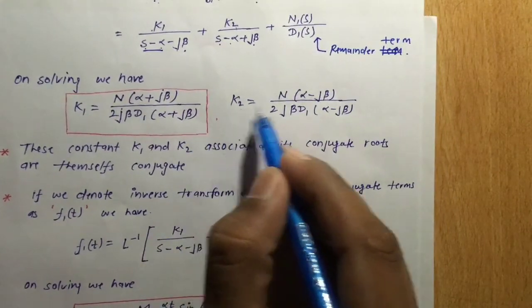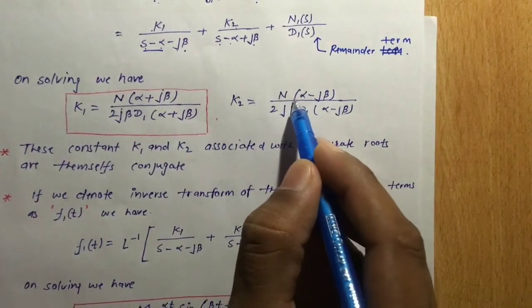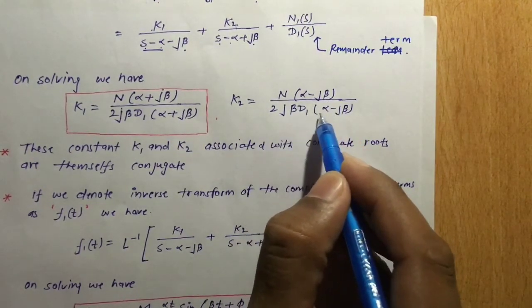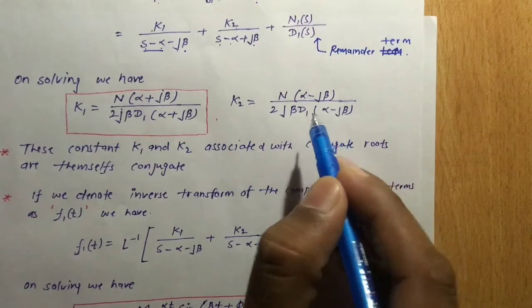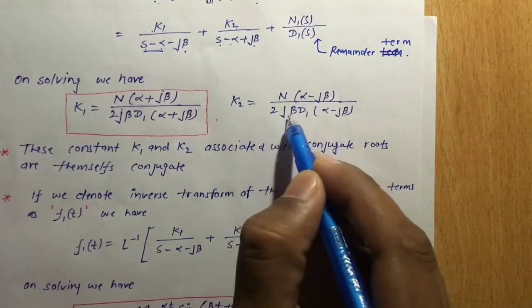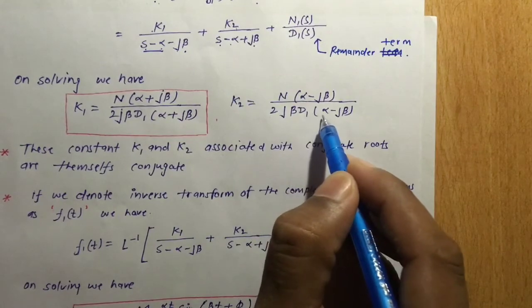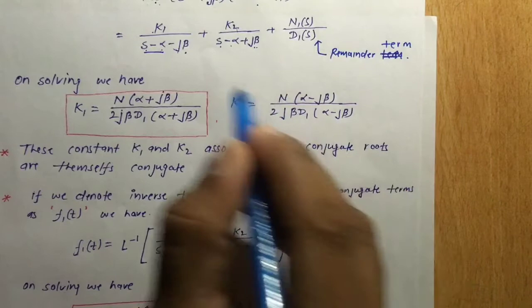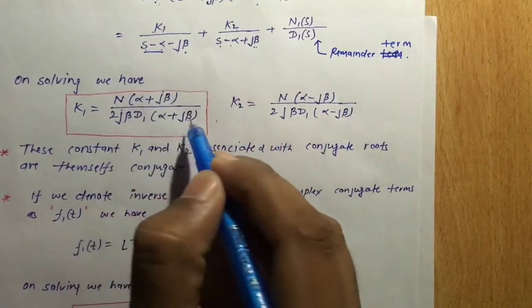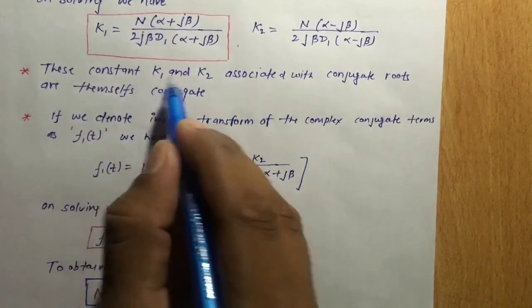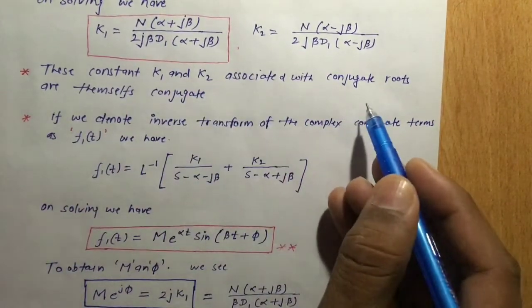Similarly, K2 is defined as N(s) by minus 2j beta into D1(s), where s equals the second root, alpha minus j beta, for K2 and the first root for K1. Now, these K1 and K2 are conjugates of each other.